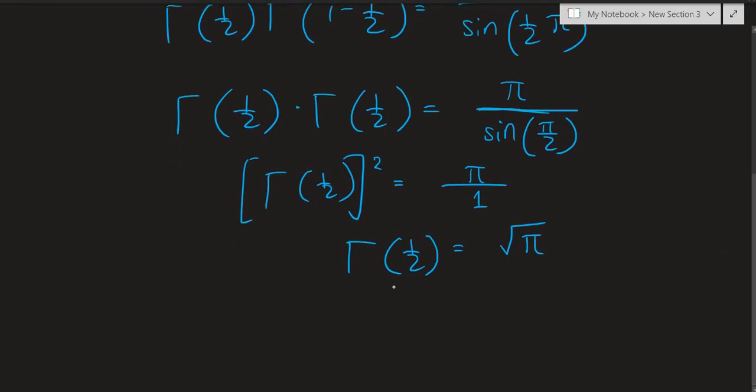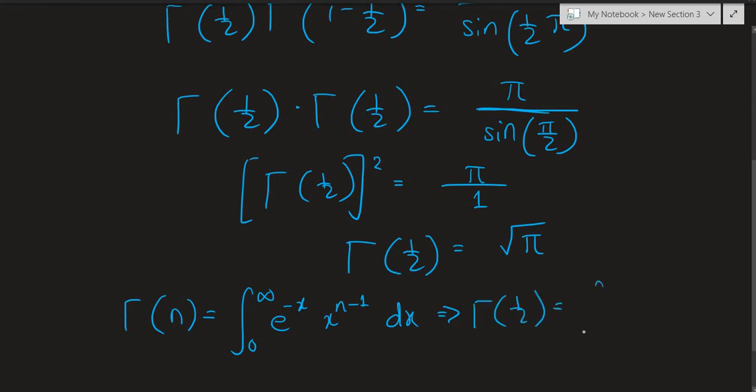But what's gamma of half? Let me remind you, gamma of n is the integral from 0 to infinity of e raised to negative x times x raised to n minus 1 dx. So if you now plug in half, gamma of half will be the integral from 0 to infinity of e raised to negative x divided by square root of x dx.